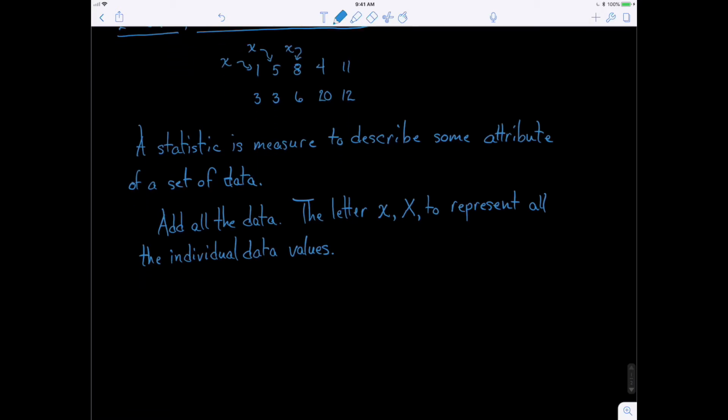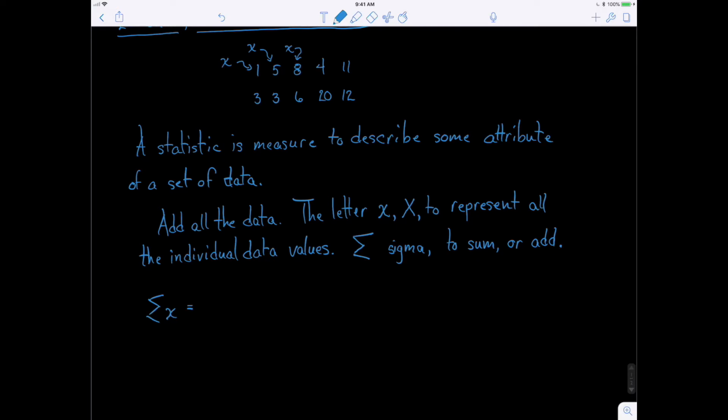And so what we do is we use this notation. To add all the data, we use this symbol, this capital, kind of funny looking E, which is the Greek letter sigma. And in math, it means to sum or add. So when I write this, in math notation, we'd write, find the sum of all of the x's.